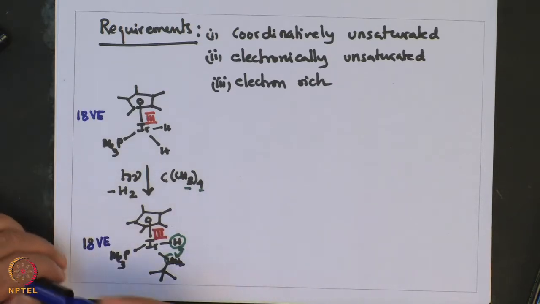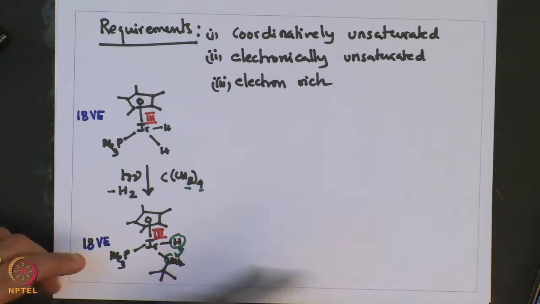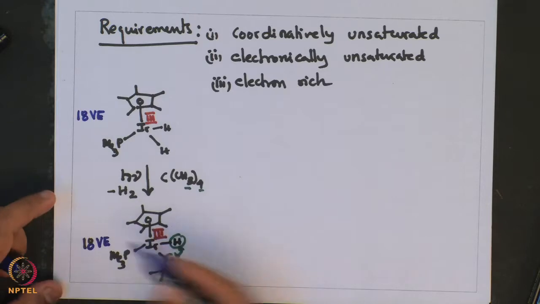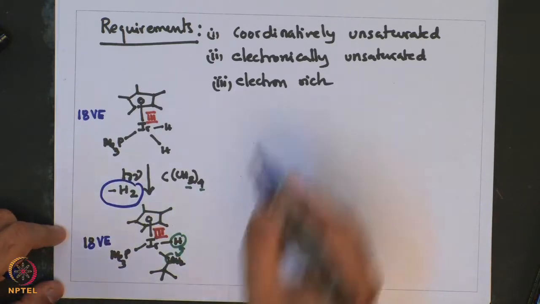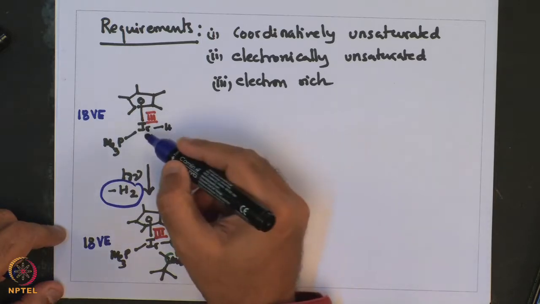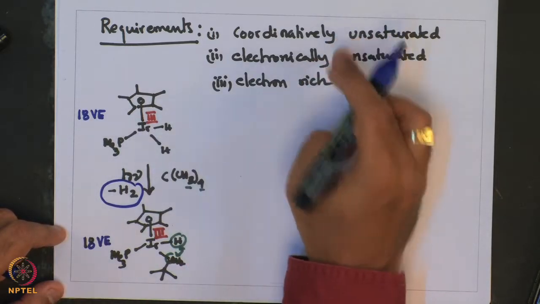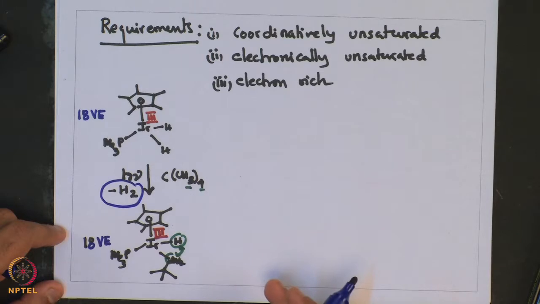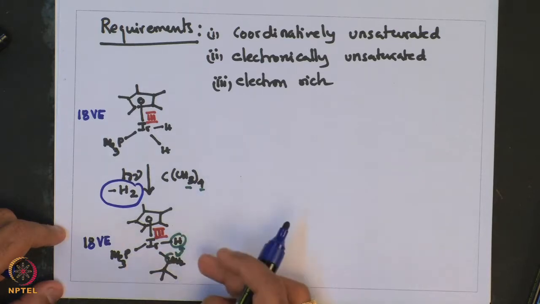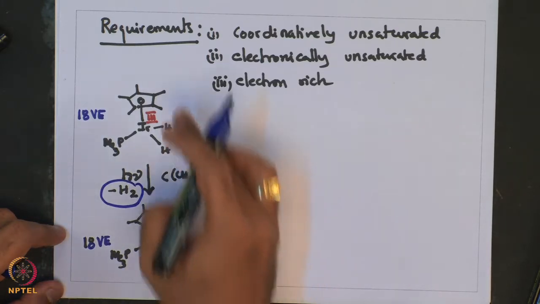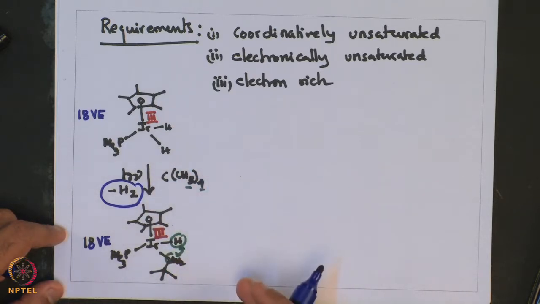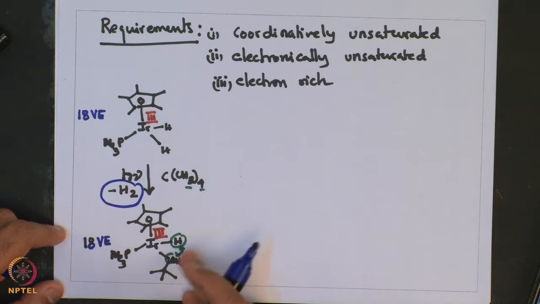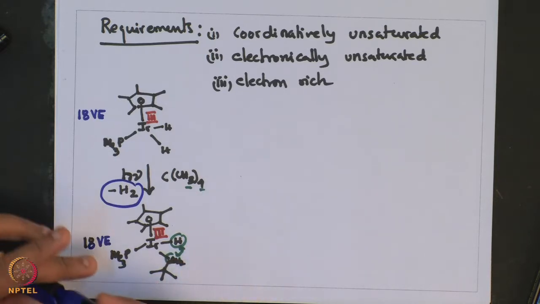What is important in this reaction is that elimination of hydrogen is critical, because it will make the iridium complex both coordinatively and electronically unsaturated, and after that the oxidative addition of CH of the substrate would occur, leading to the corresponding iridium hydride complex.